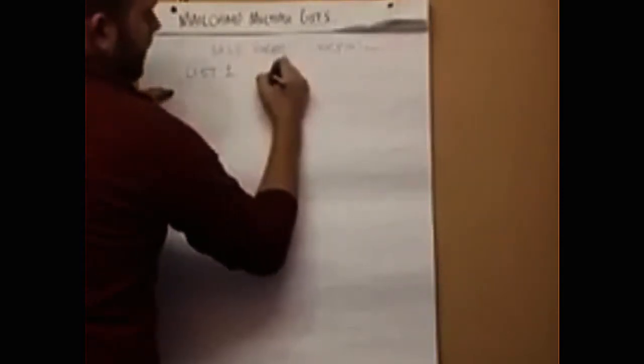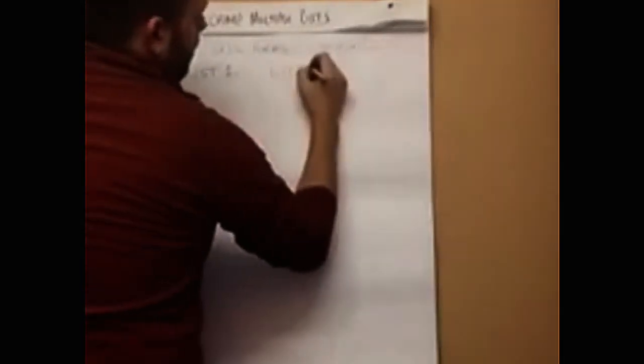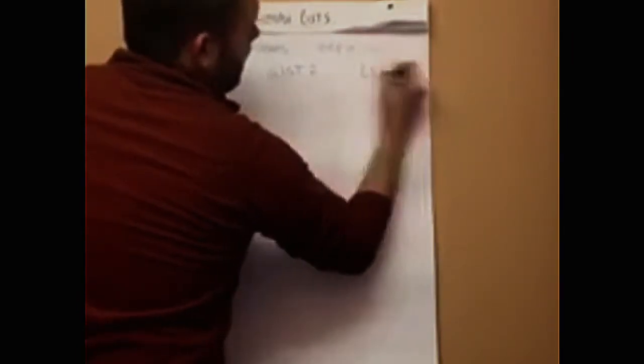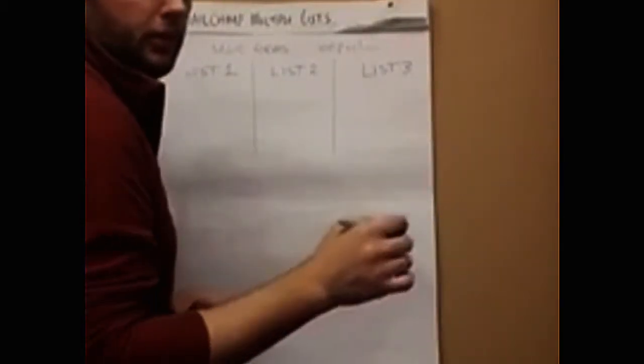So let's say we've got 3 different offers, so you end up with list 1, list 2, and list 3, for 3 different offers. Does that make sense?